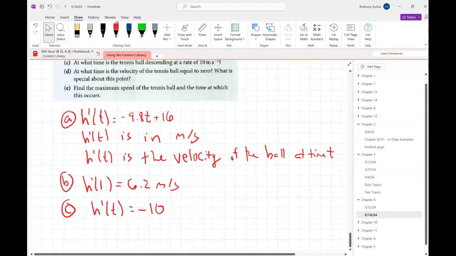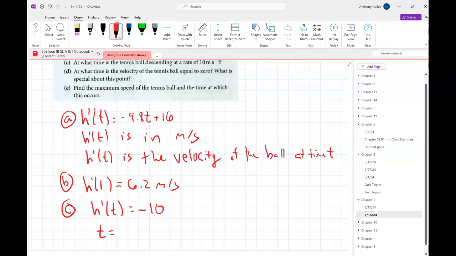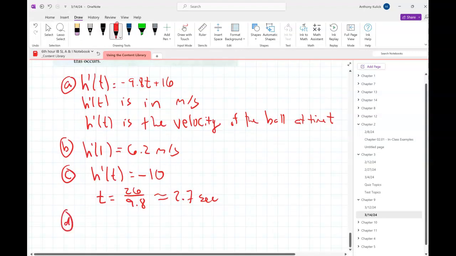So to solve that, I would subtract 16 from both sides and then divide by negative 9.8. Sorry, 26. Everybody's okay? So it's like 2.7 seconds or something. Just guessing.